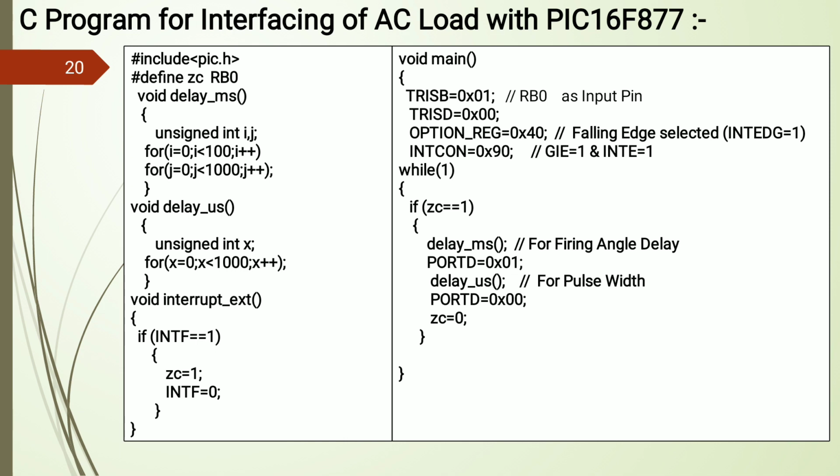And the other one, that is the microsecond delay, is used for generation of pulse width for the optocoupler's IR transmitter activation. So these two delays are used for activation and generation of firing angle. As per our requirement, we may select different values for these variables, and according to that we are able to generate a delay.